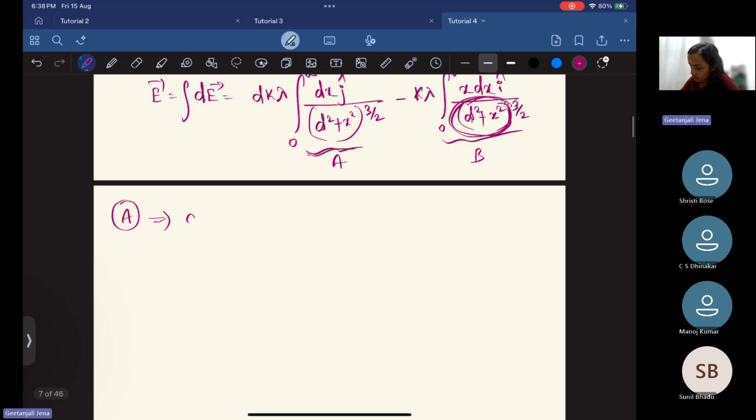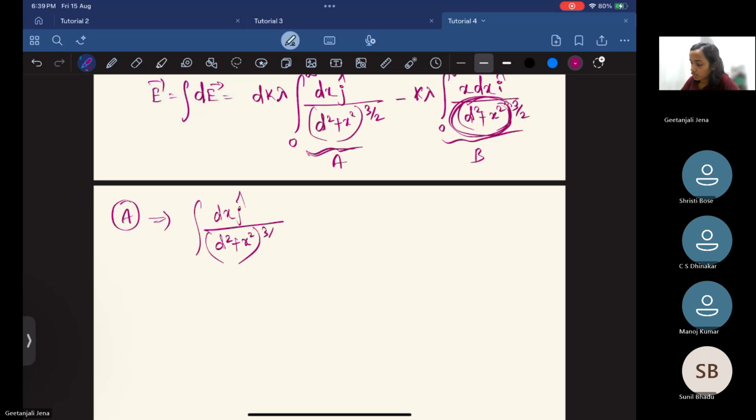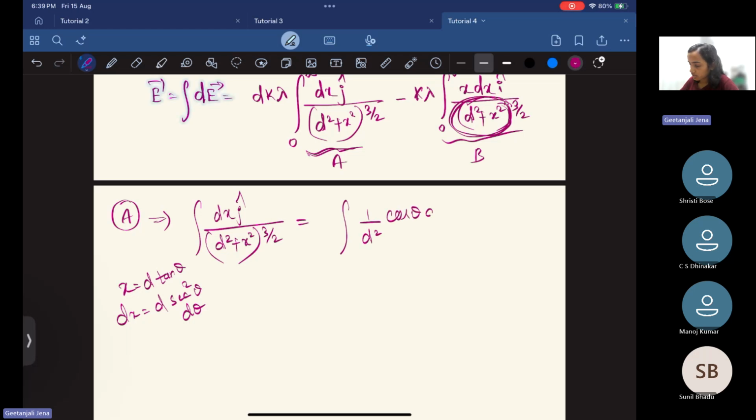So let us just calculate dx (d square plus x square)^(3/2). So x is d tan theta, so dx you can calculate, it will be d sec square theta d theta. So if you put it, it will come out as 1 by d square cos theta d theta.